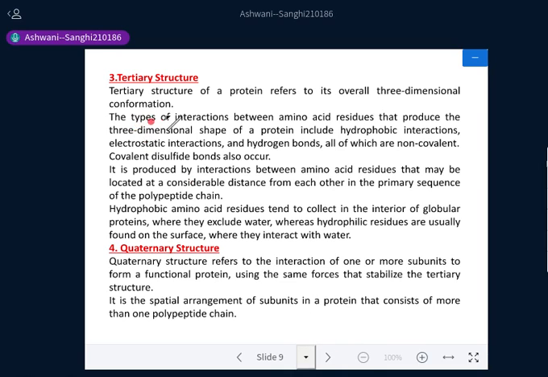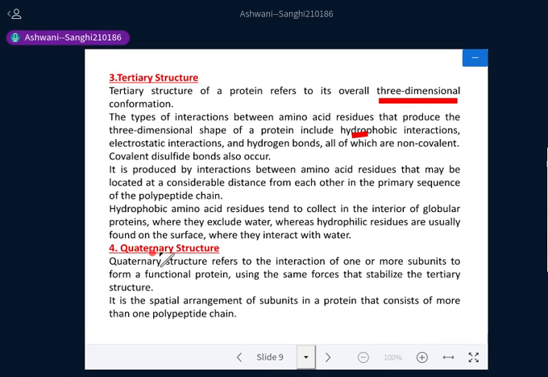Tertiary structure of protein is the three-dimensional conformation, and it contains all the bonds: hydrophobic bonds, electrostatic interactions, hydrogen bonds, and disulfide bonds. An example is myoglobin, a single chain protein that contains all these bonds.